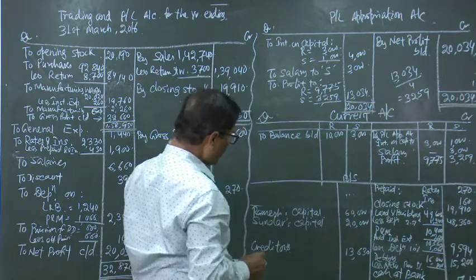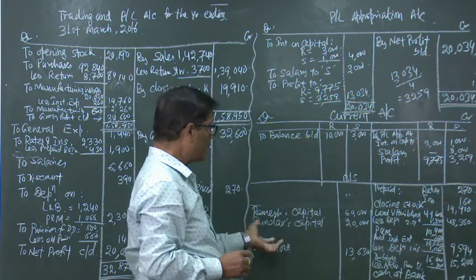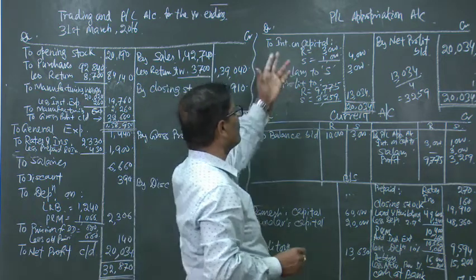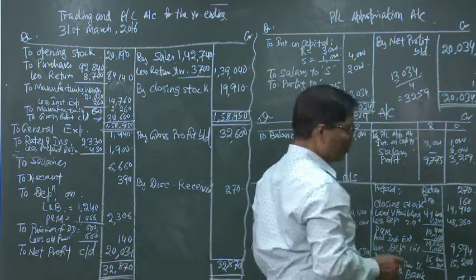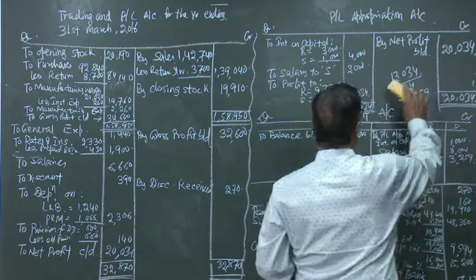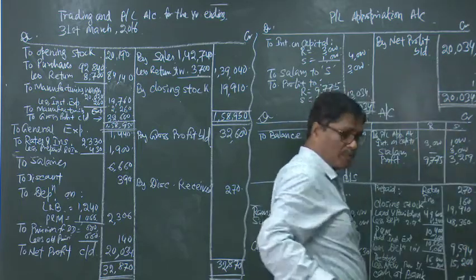Instead of writing it directly to the capital account, adding it to the capital account, we are taking the help of the profit and loss appropriation account, which takes care of all the appropriations. That means how it will be distributed.